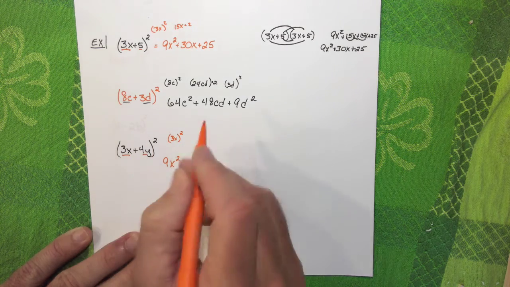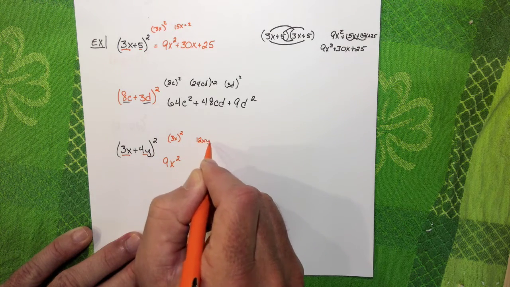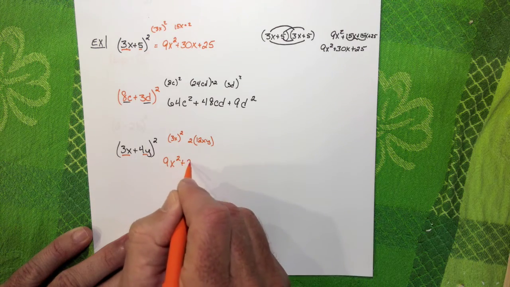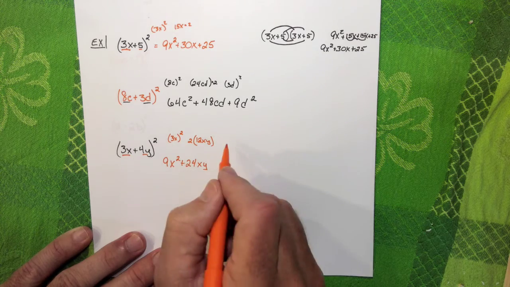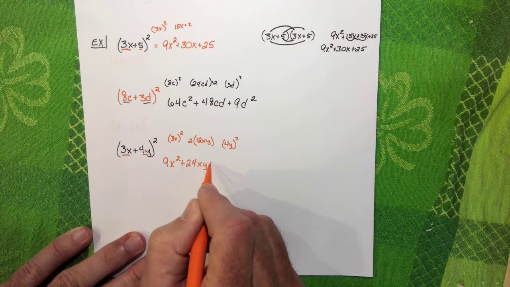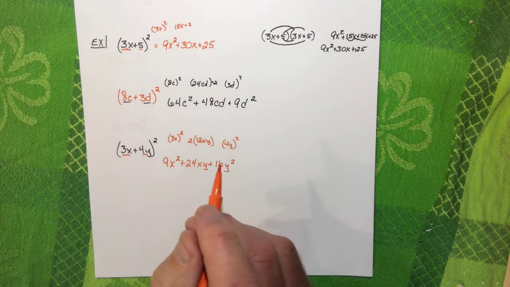Product of the two terms. So that's 3 times 4, 12xy. That has to be multiplied by 2, plus 24xy. And then the last term gets squared, plus 16y squared.